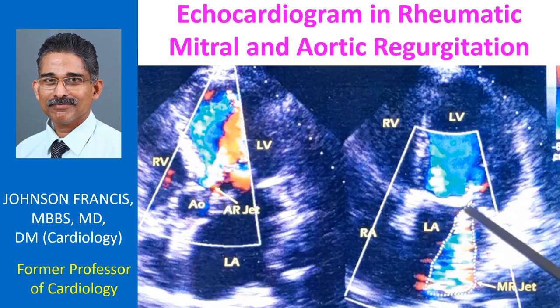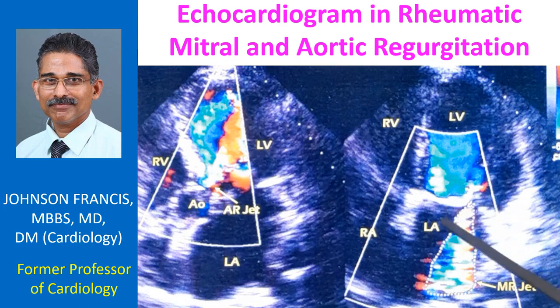As the mitral leaflets are thickened, this is likely to be due to rheumatic mitral regurgitation. And assessment of area for assessment of severity may be erroneous if it's an eccentric jet. This is not an eccentric jet, this is almost a central jet. But if the jet is going along a wall of the left atrium, sometimes it can go along the anterior mitral leaflet into the septal side, or it can go along the posterior mitral leaflet into the lateral aspect of the left atrium.